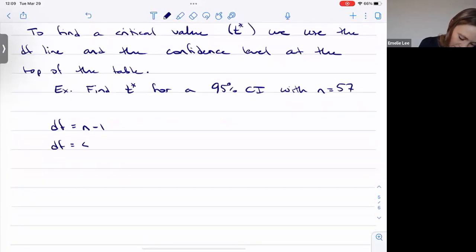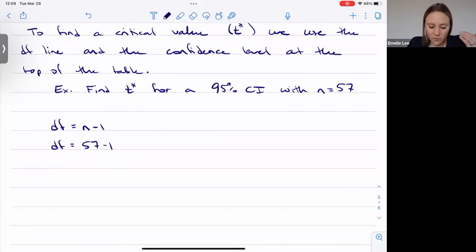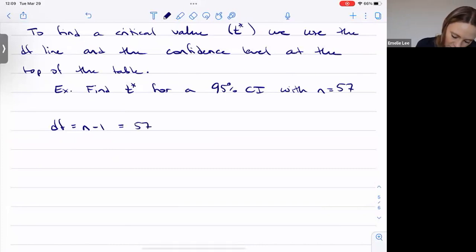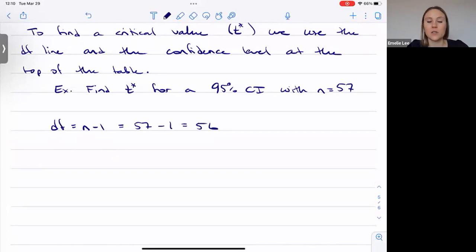So the degrees of freedom is 57 minus 1. And of course, this is one of those few times where you don't have to stack your calculations because they are so basic. So I'm going to save us some space here and go across, which is not something that I'm okay with you doing in general. I want you to stack your equal signs, but here it's such a simple calculation that I'm okay with it. So we have 56 degrees of freedom.